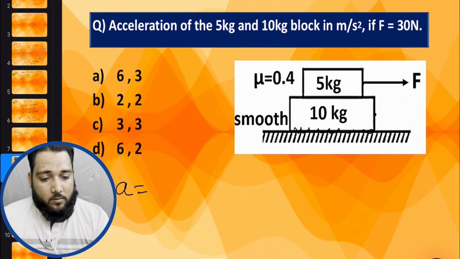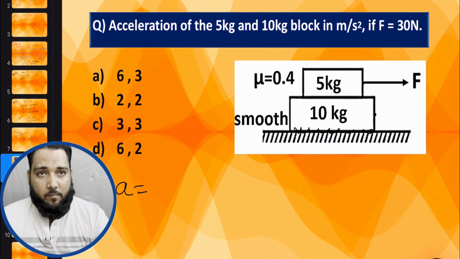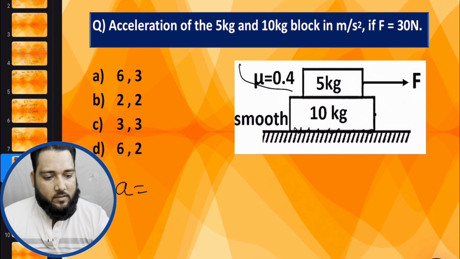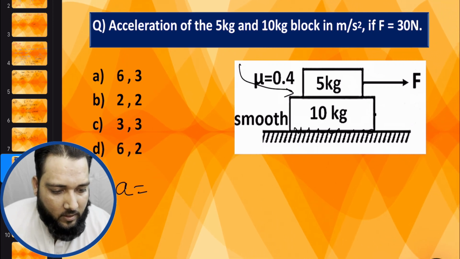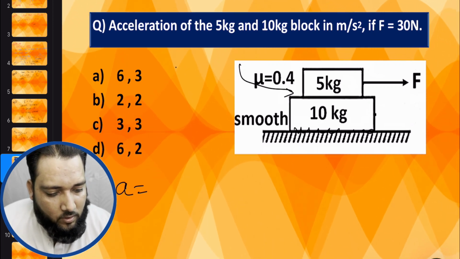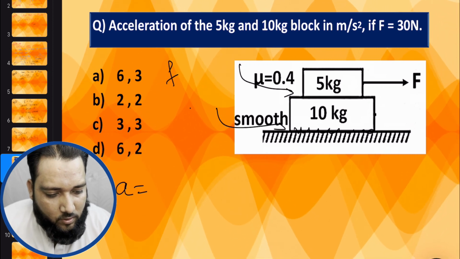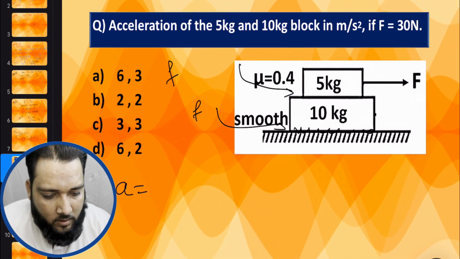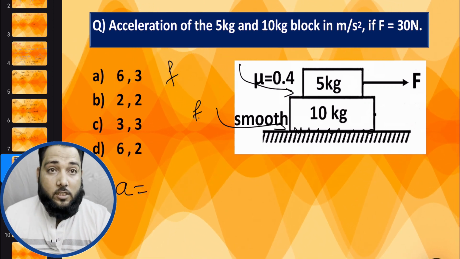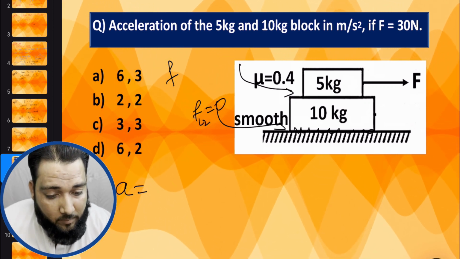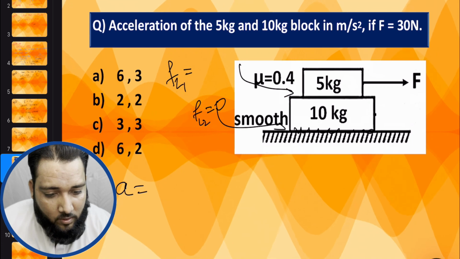First the FBD, the second one is limiting friction. So we can find out the limiting friction here, not the common acceleration. The limiting friction here is 0, because this is smooth, mu is 0. So the limiting friction FL2 is 0.